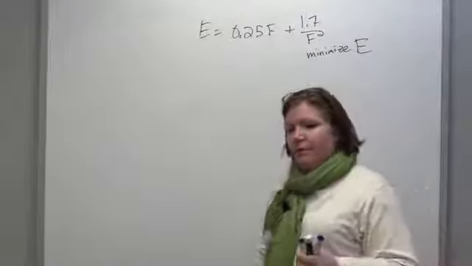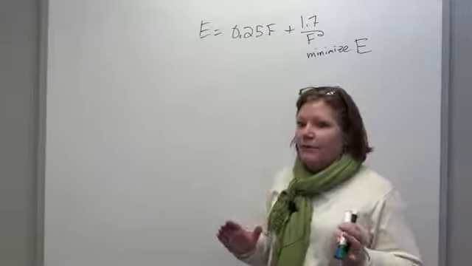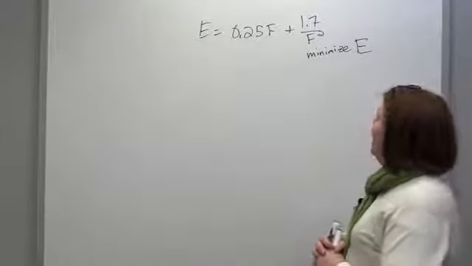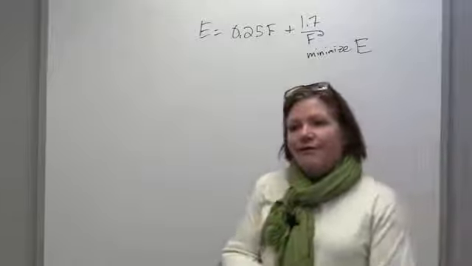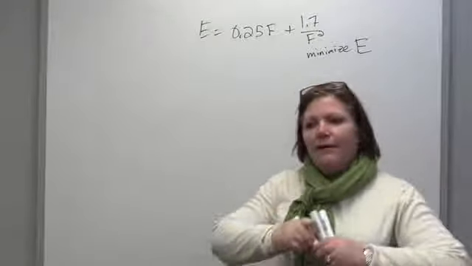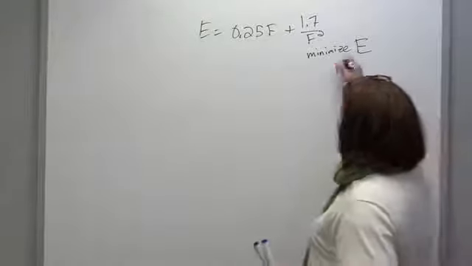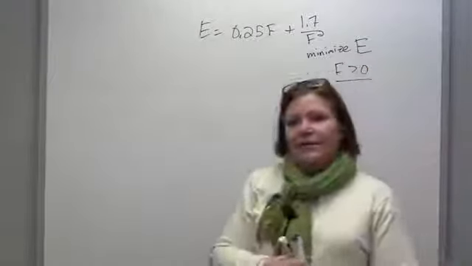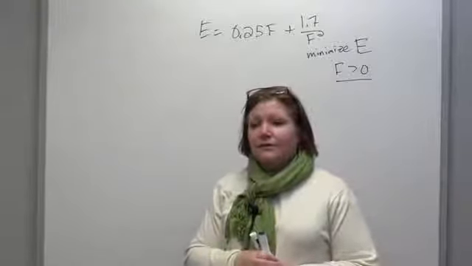In this example, we're not given a domain specifically, like our previous example. But since F is the amount of time spent, we know that F has to be bigger than 0.